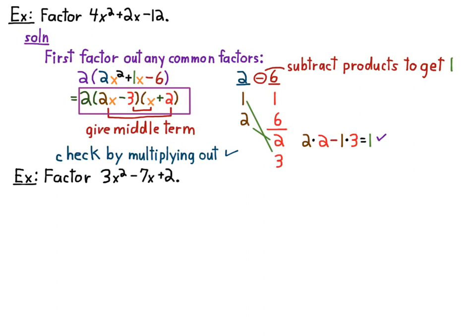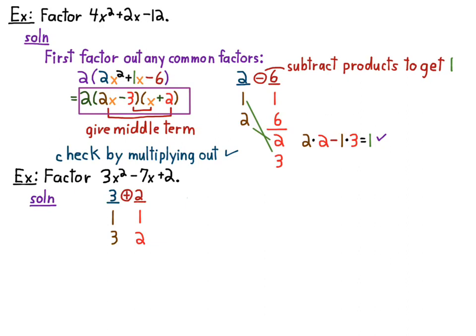So let's do another example. Now this example, the constant is positive, but the middle term is negative. So that means this being positive means the signs of these are both the same. And since it's a negative, they have to both be negative. So there's only one way to factor 3, which is 3 times 1, and there's only one way to factor 2, which is 1 times 2.